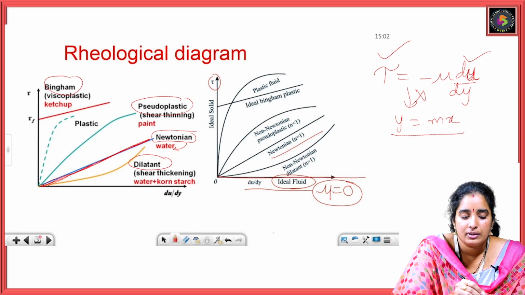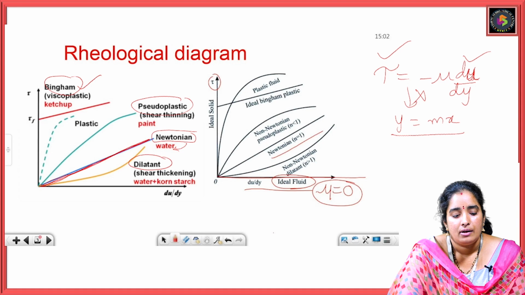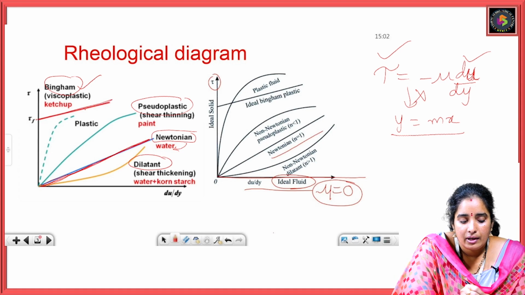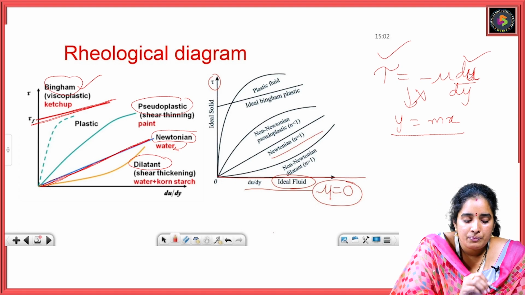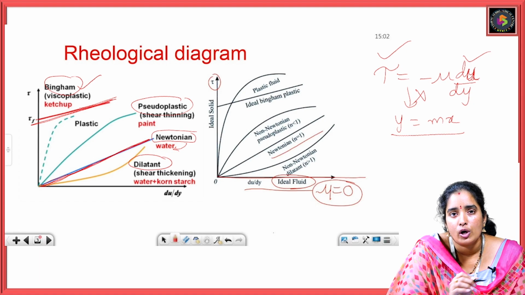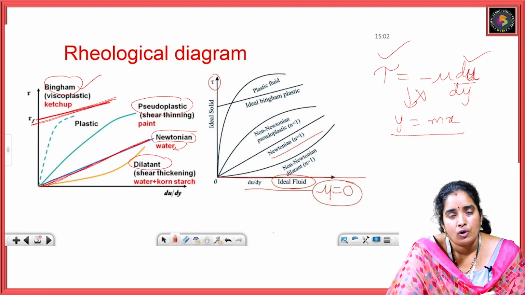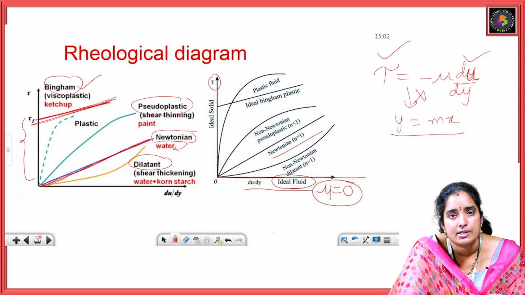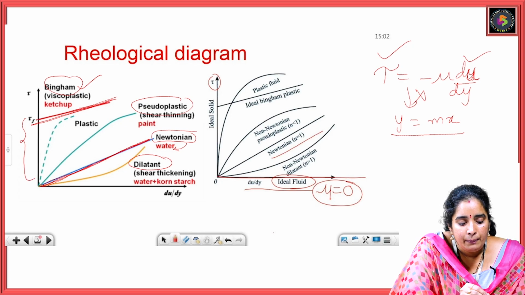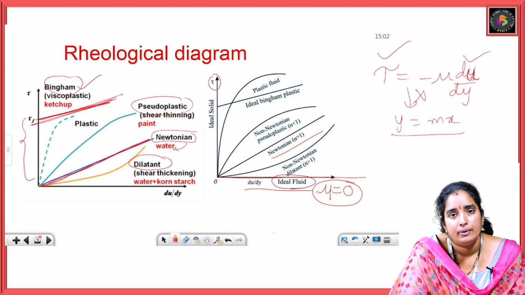If you observe Bingham plastic, the red line indicates the Bingham plastic behavior. This line is also a straight line, but it is not passing through the origin, because after applying some initial shear stress, tau naught, it behaves like a Newtonian fluid.